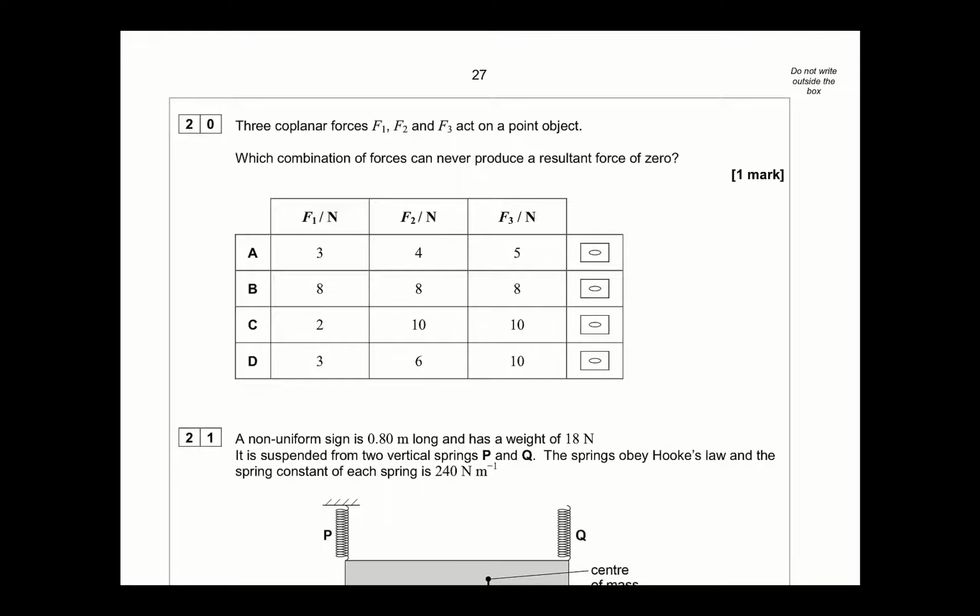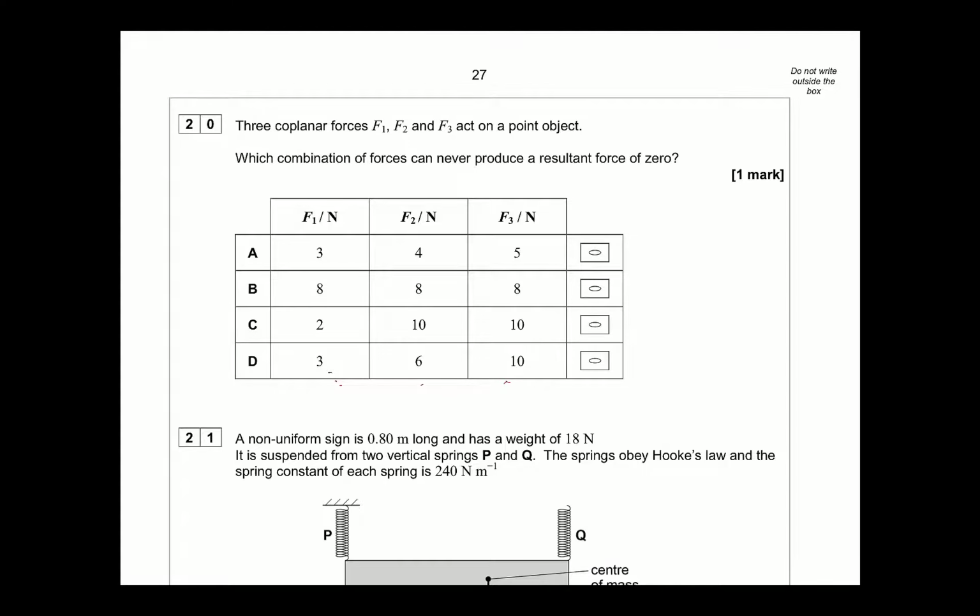I feel like it's got to be 888, but no, it's actually D here, because 3, 6, and 10, there's no way of adding 3 and 6 together in any way that ever ends up as 10.